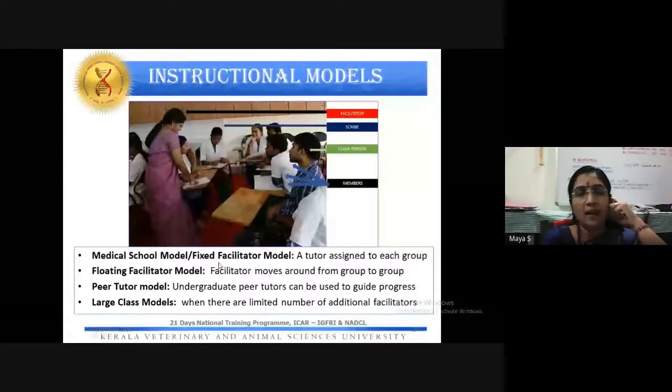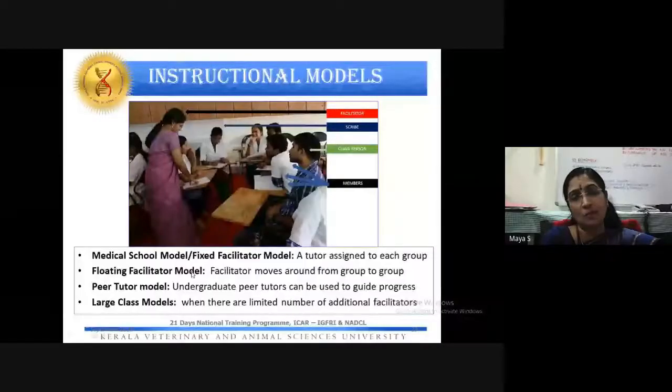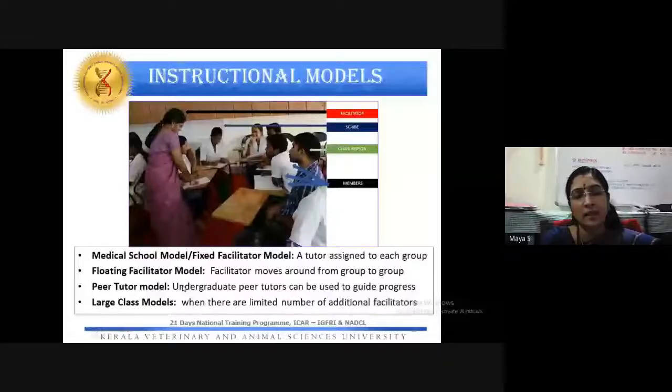Then the floating facilitator model can be used when there are fewer faculty members. A facilitator can move from one group to another. That is known as the floating facilitator model. Then if there are very few faculty members in a department, we can assign undergraduate senior students as the facilitator, and the teacher himself can be a coordinator at the end.